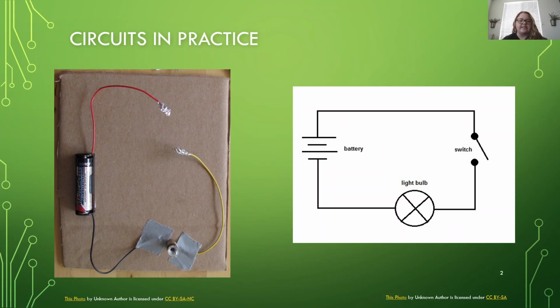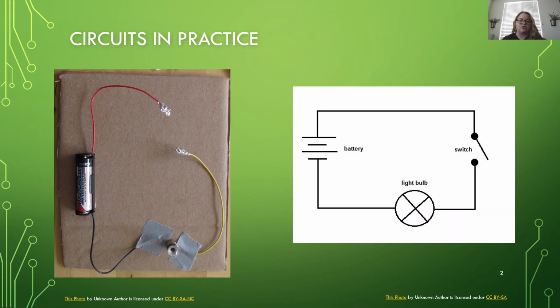So you can see here in practice, we have a light bulb connected by two wires, one going to a battery, and that's just like a AA battery that we use in like remotes and stuff. And this is a switch, basically, if you connect these two, you can complete the circuit or turn off the circuit.